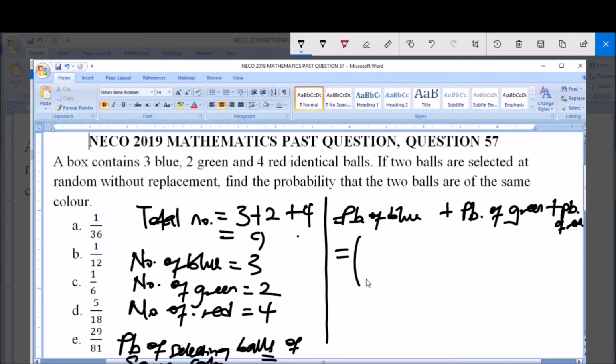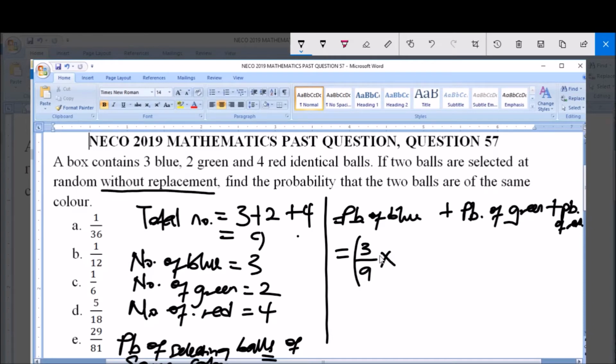the probability of selecting 2 balls that are blue. Since the number of blue balls is 3, it is 3 all over the total number, which is 9, times, remember we are picking 2 balls, so the next will not be 3 again, because the statement says without replacement.